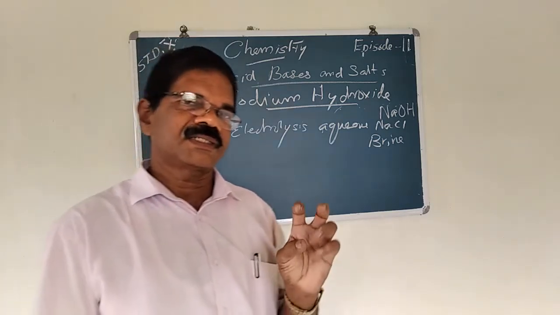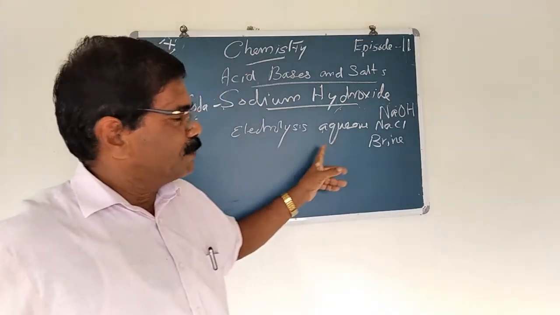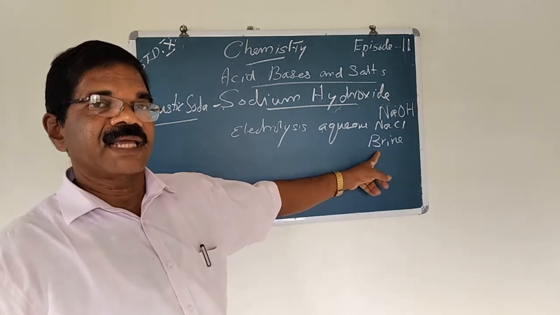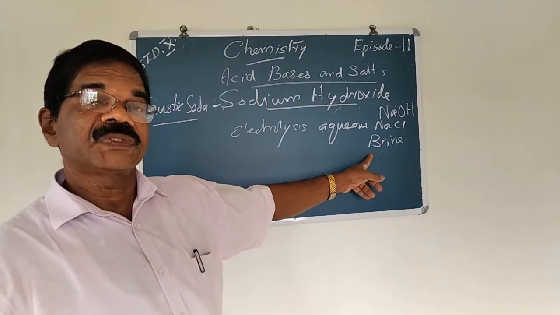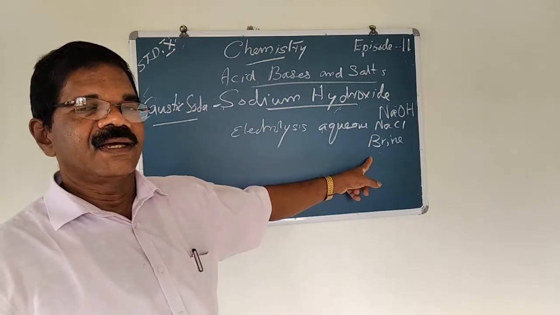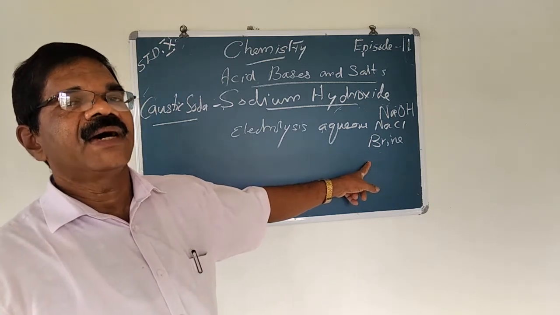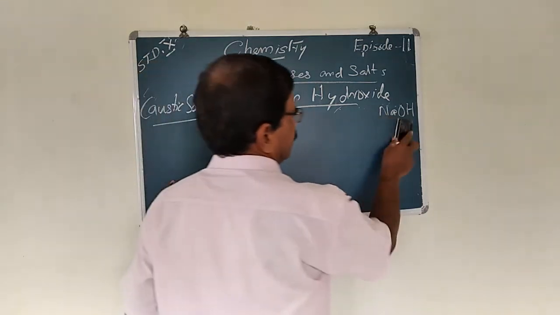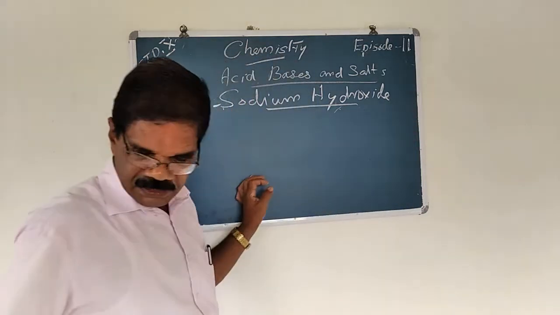That is known as hydrolysis. Brine means sodium chloride solution, which is common salt dissolved in water. We can see how it is produced.